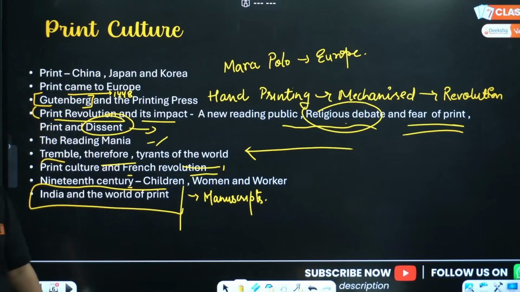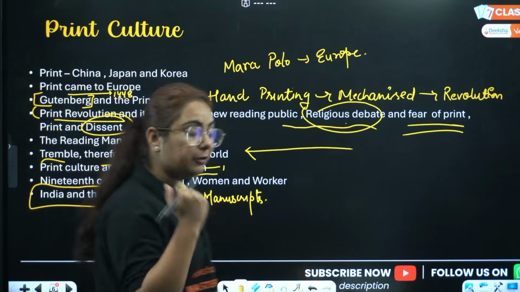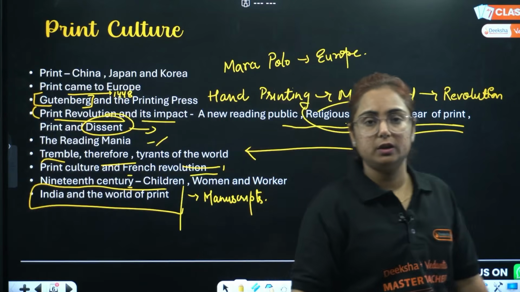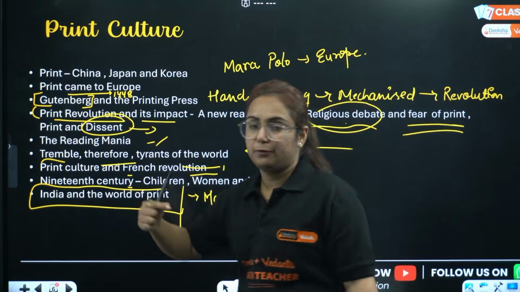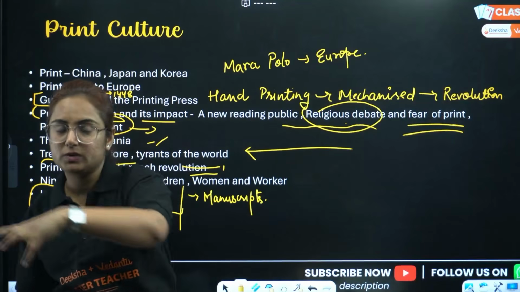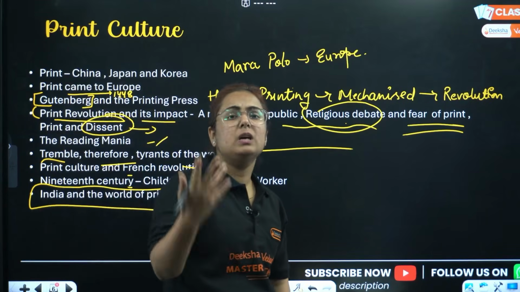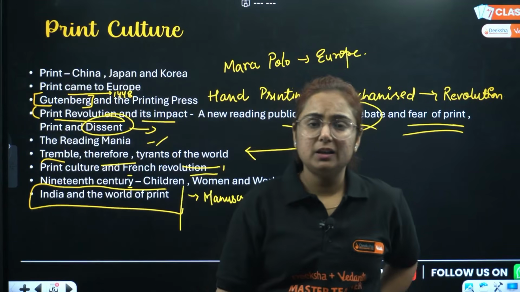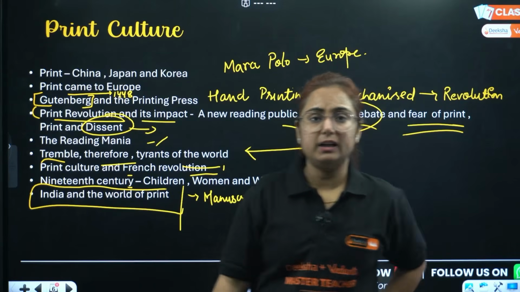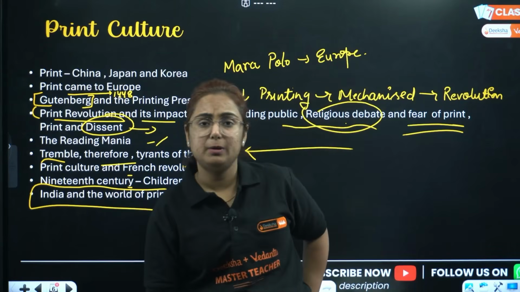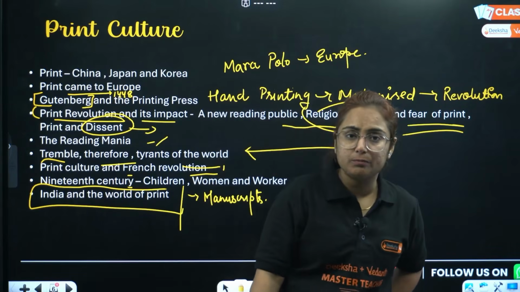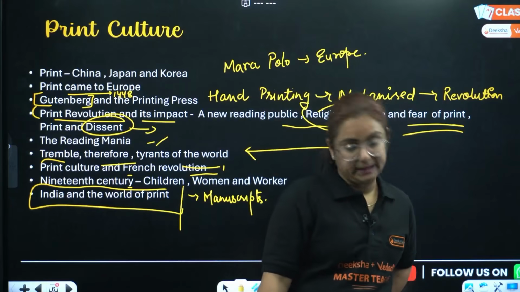So initially, if I talk about the first books in India, the Vedas were written, the Upanishads were written, they were copied year by year. First it was orally transmitted, then it was copied year by year to keep it preserved, but we know that it's awkward to handle, it will not be preserved for a longer period of time. So hence, print came to India.